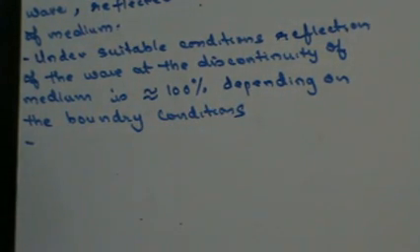These boundary conditions help us to determine the relationship between the amplitude and the phase of the incident and the reflected wave, and these two waves, the original wave and the reflected wave, when they superimpose on each other, give rise to stationary waves.